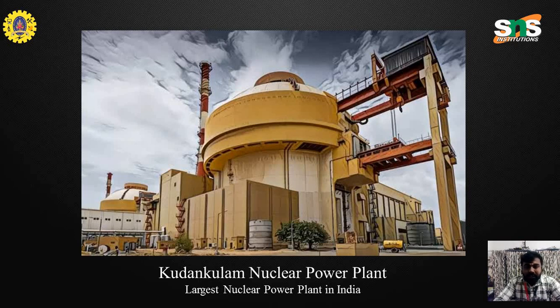Here there is no ash disposal because it is not a steam power plant. In a steam power plant we use coal as the working fuel, so due to the burning of the coal, ash disposal is mandatory. But here we are not using coal, so there is no ash. The major disadvantages are the high cost as well as the radioactive release. The radioactive release is harmful to humans.